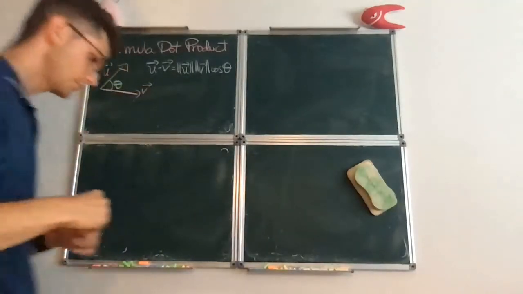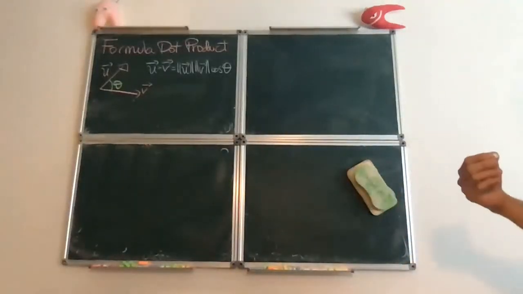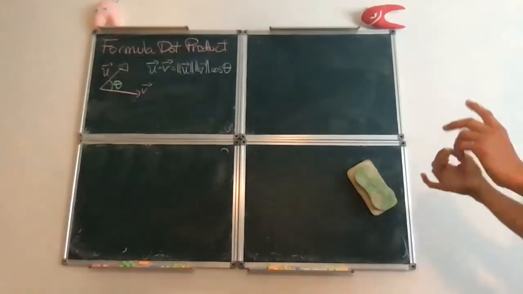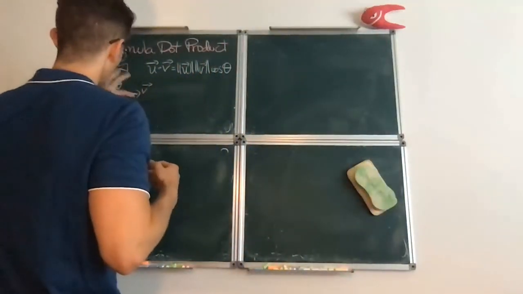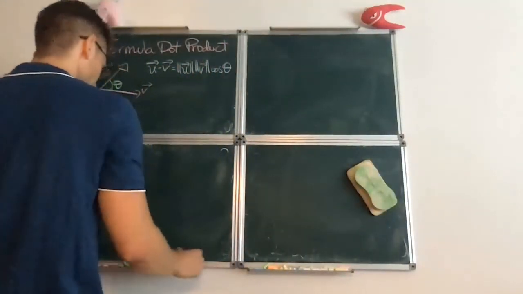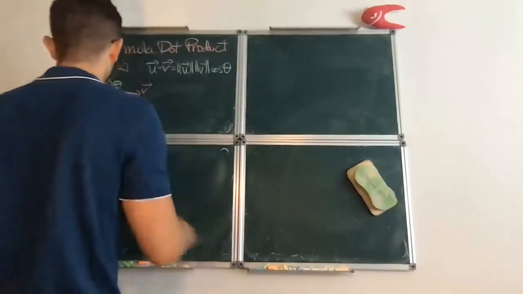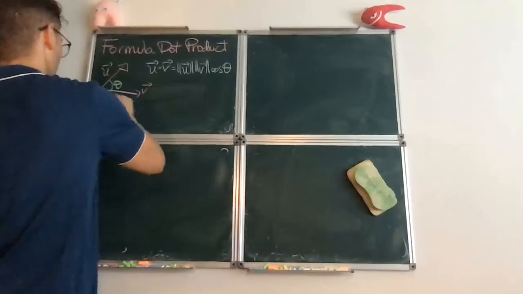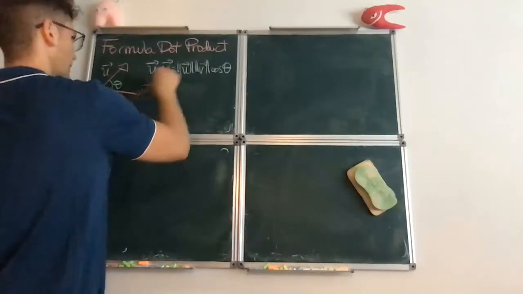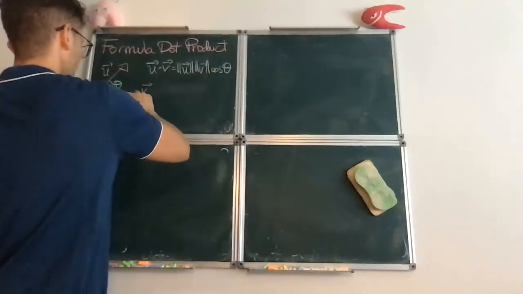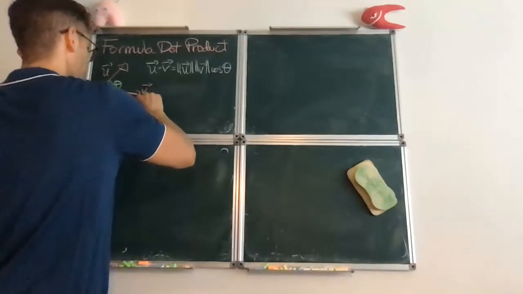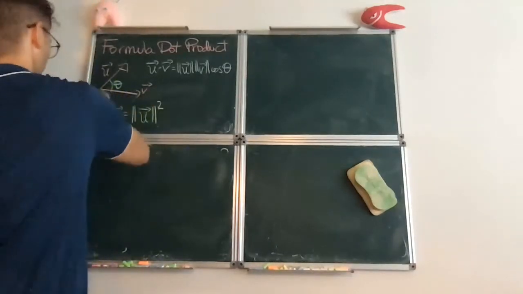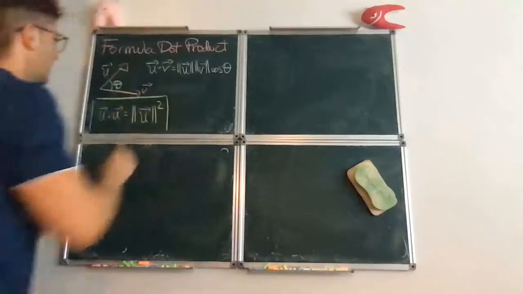Okay? And as a special case of this formula, you should remember that if you take u and v to be the same, you obtain that u dot u, since cosine of 0 is 1, equals the norm of u squared, right?